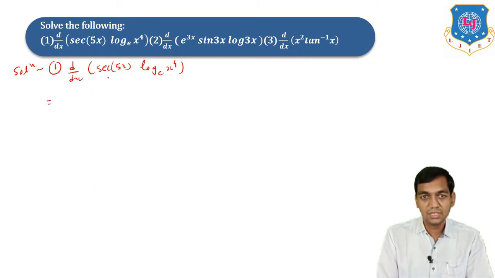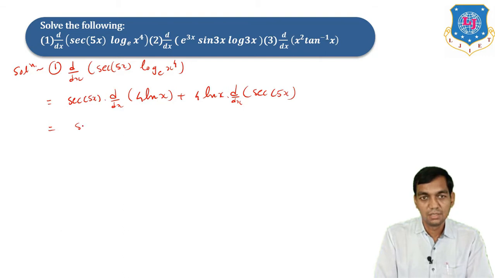So this can be written as, here multiplication is given. So first sec 5x as it is into d by dx of 4 times ln x. By property of log, the power will be the multiplier of log. Plus 4 times ln x as it is and derivative of sec 5x.